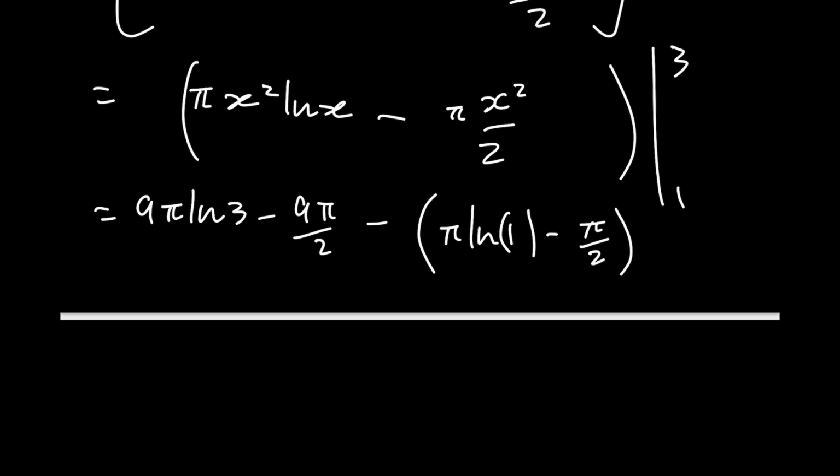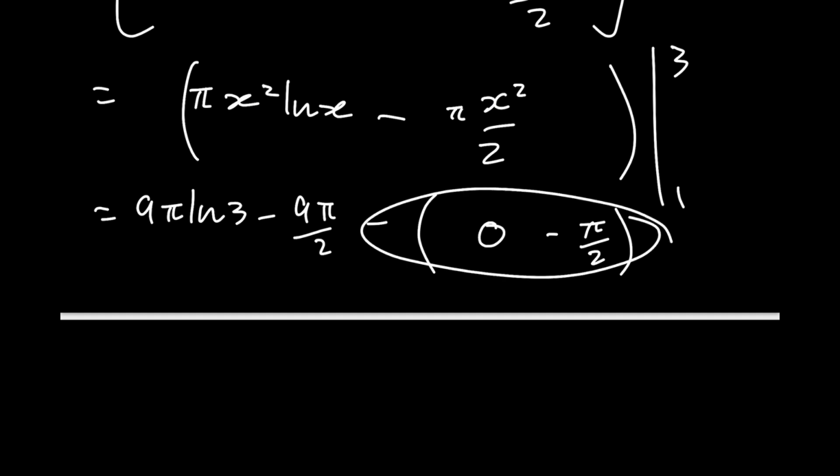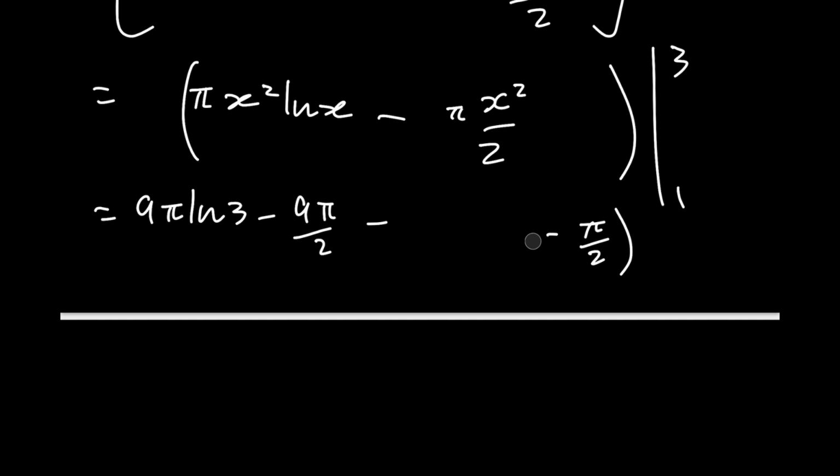The natural log of 1 we know to be 0, so that whole term is 0. Then this whole bracket we can simplify to just plus pi over 2. Then negative 9 pi over 2 plus pi over 2 is negative 8 pi over 2, and negative 8 pi over 2 is negative 4 pi.